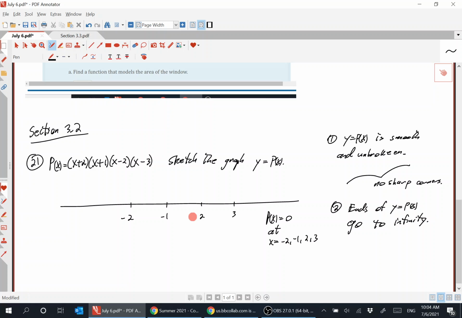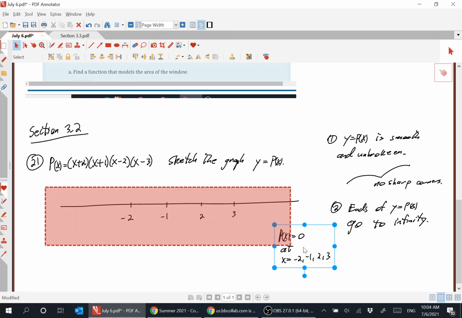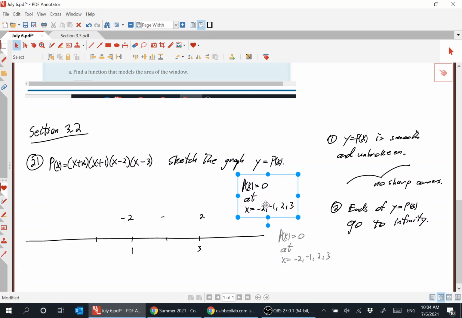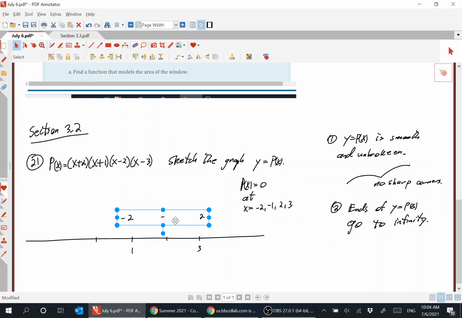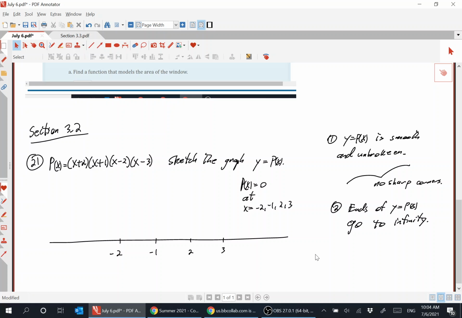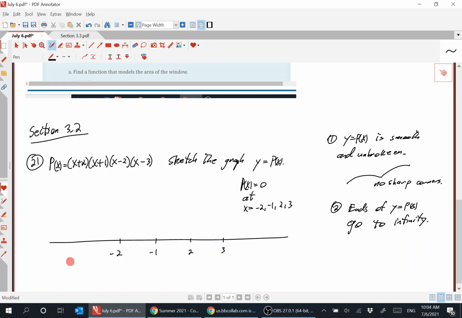Now we've got these intervals, and you check the intervals to see whether the function is positive or negative on those given intervals. That will be enough information to get a decent sketch of the graph. So pick a value inside each interval. So this one, x equal to -3, say.